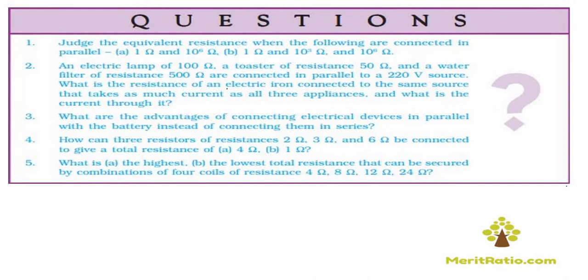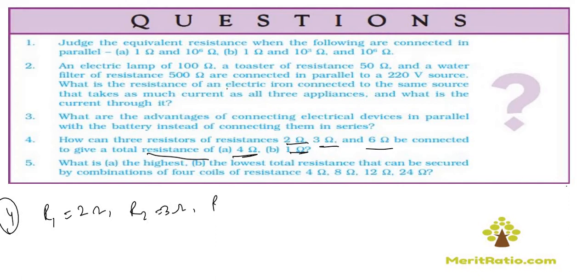The next question we have got: how can three resistors of resistance 2 ohm, 3 ohm, 6 ohm be connected to give a total resistance of (a) 4 ohm, (b) 1 ohm? So we are given R1 as 2 ohm, R2 as 3 ohm, R3 as 6 ohm, and we are asked to find in which manner all these three resistors should be connected to obtain the equivalent resistance 4 ohm, and in B 1 ohm.